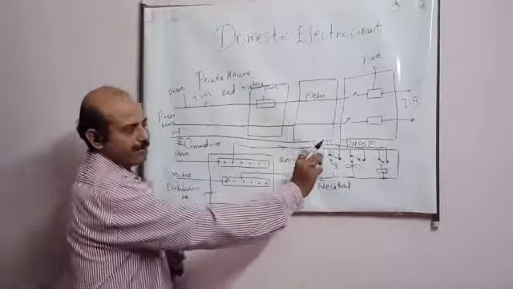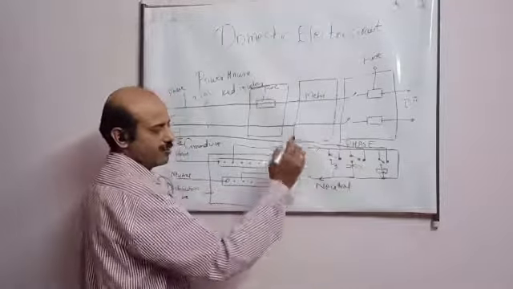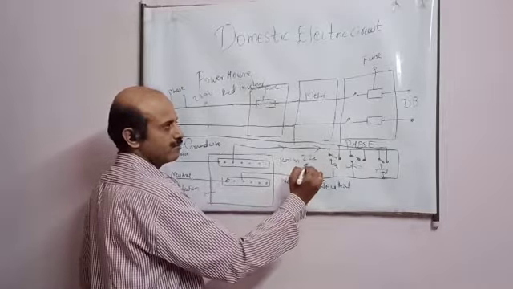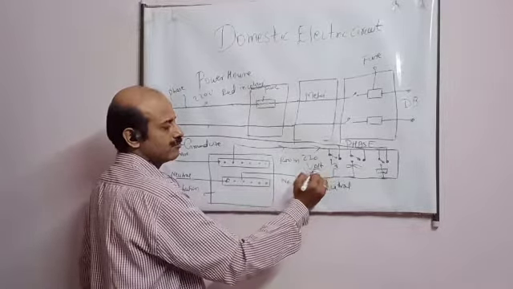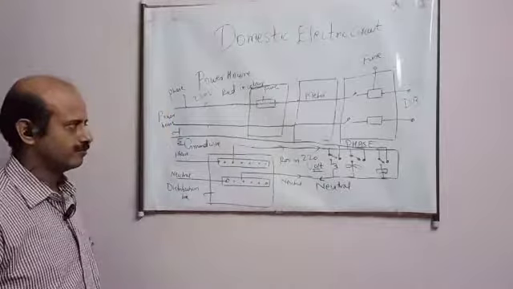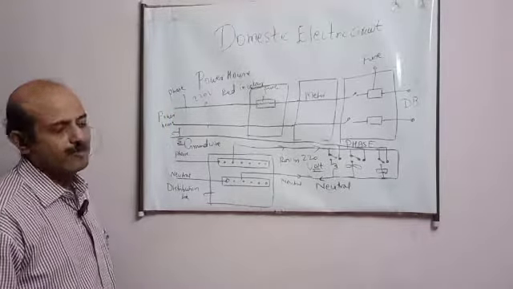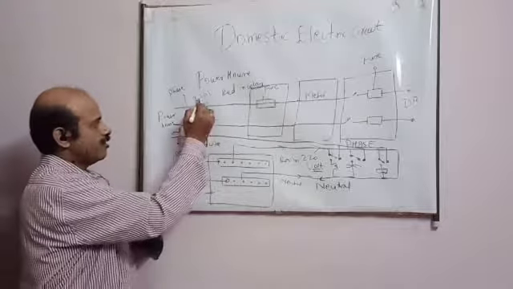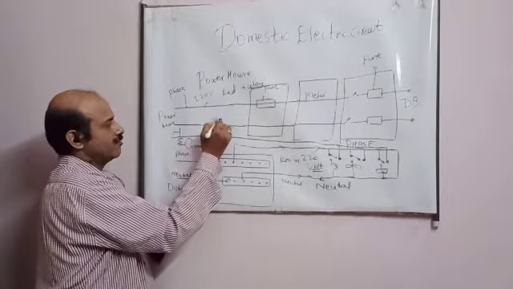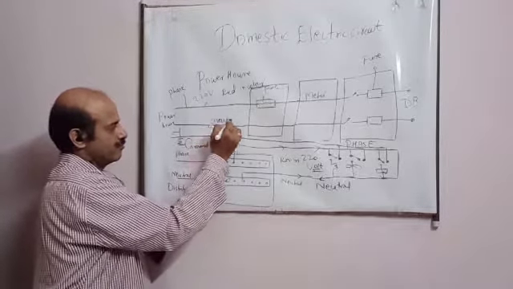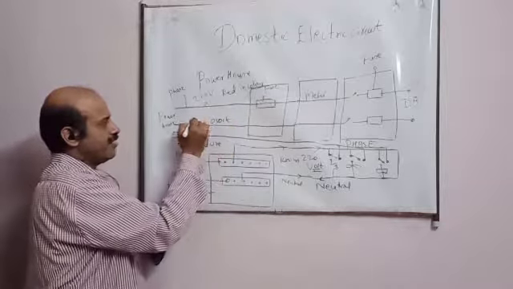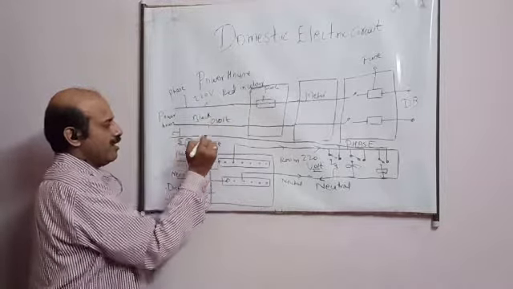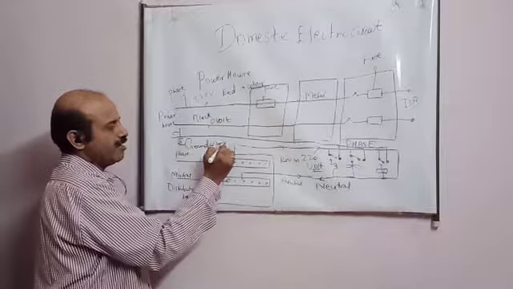So student, every device will get the same voltage, 220 volt. So mainly, student, what you have to remember: there are two wires, one is phase, another is neutral. This is 220 volt, this is 0 volt. This is red in color, this is black in color. And this ground wire, student, is green in color.